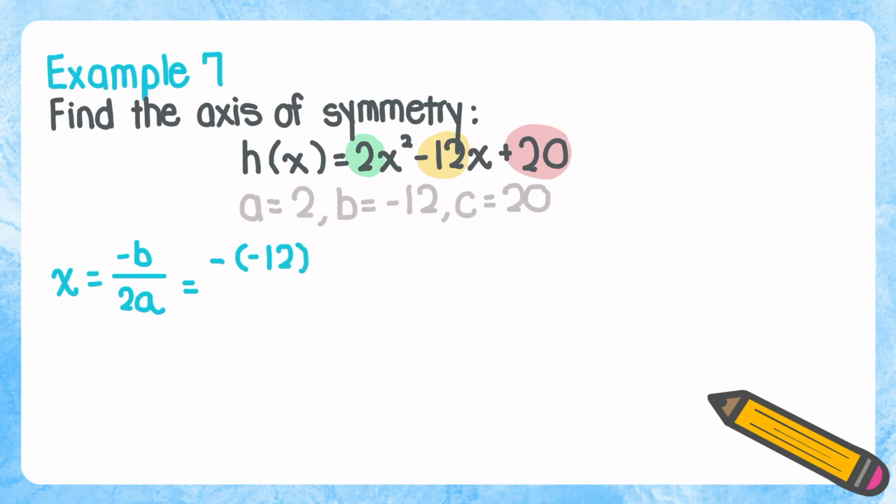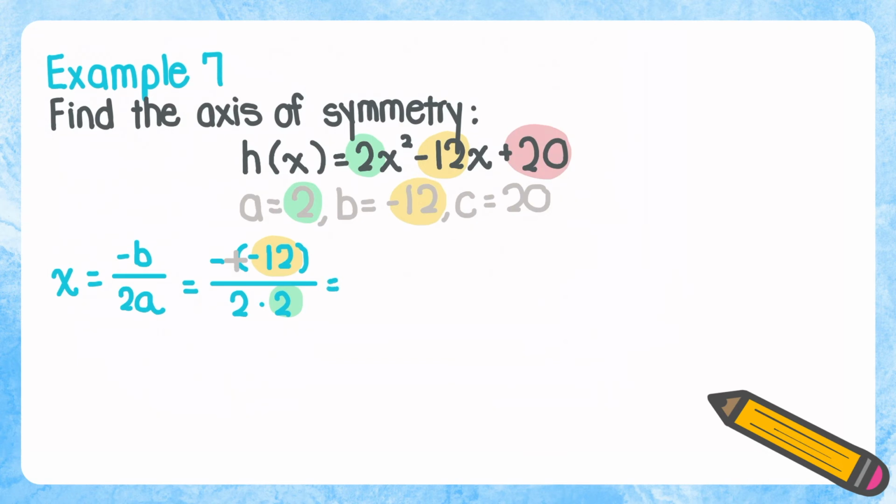Make sure you write both negatives, and then divide it by 2 times 2. So we replace the b with the negative 12, and we replace the a with this 2. Notice we have 2 negatives. This becomes a positive.